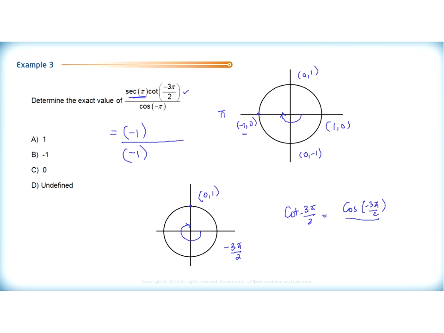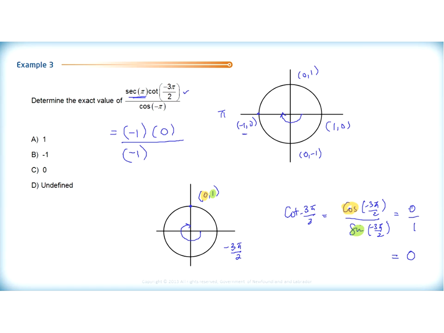So I got the cosine of -3 pi over 2 divided by the sine of -3 pi over 2. The cosine being the first coordinate is 0 over 1, which equals 0. Again, recognizing that cosine is our first coordinate and sine is our second coordinate. So we have 0 over 1, which is 0.